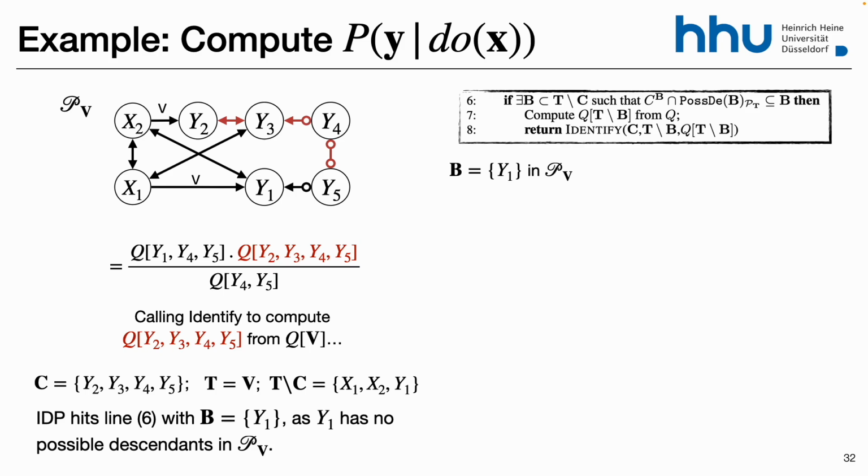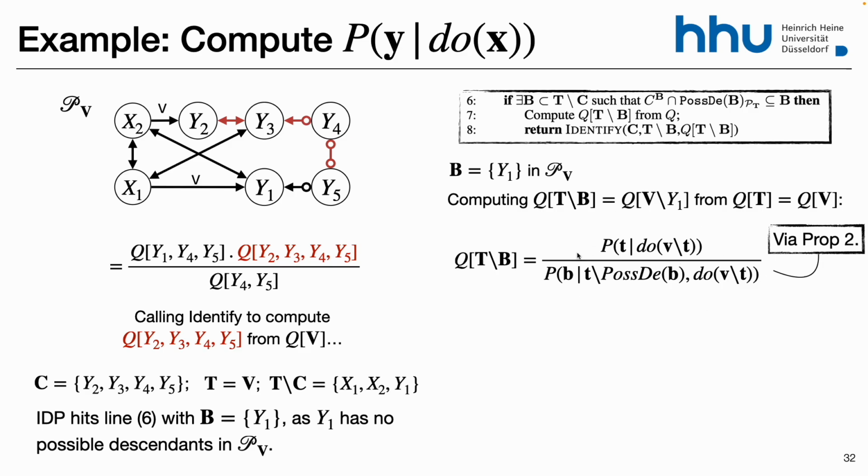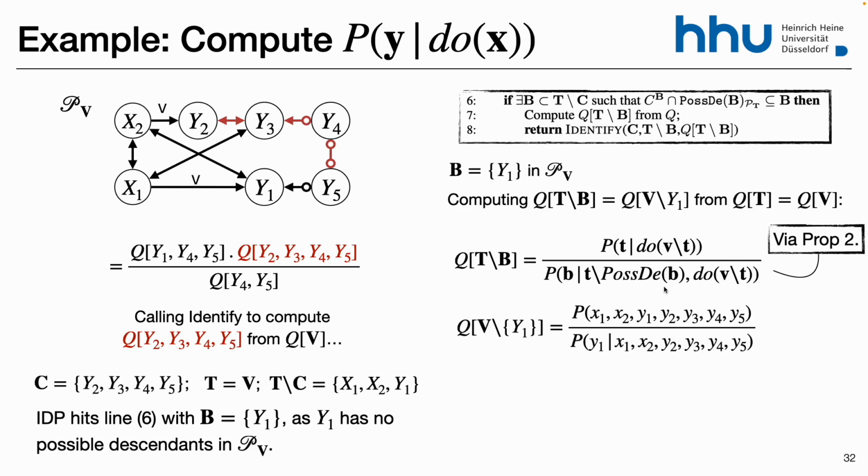So we get the B1, and we try to compute now the QT minus B from Q, and Q is PV. So that's what we are trying to do here. B is just Y1, and the QT is our QV. And we use this fraction, which has the joint in the numerator, which is just the PV, right? So it's everything, x1, x2, y1, 2, 3, 4, and 5.